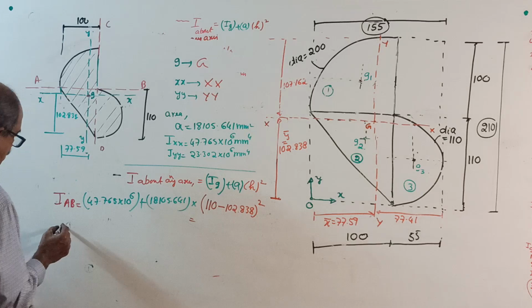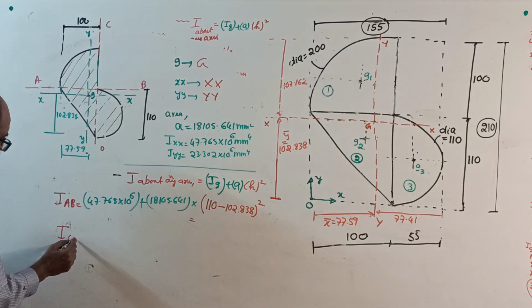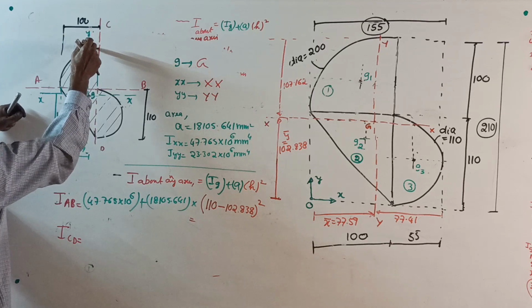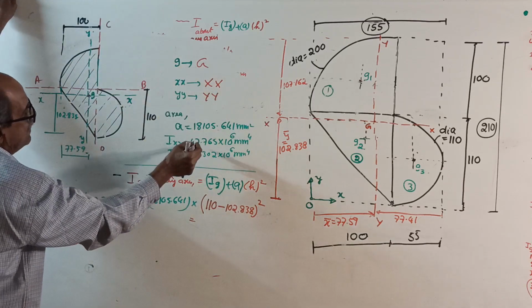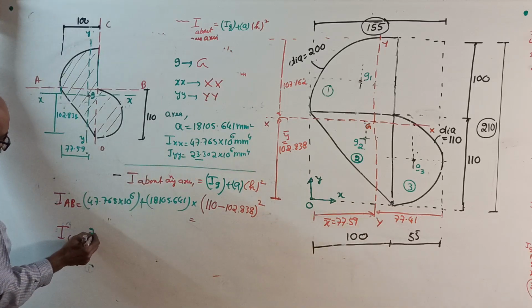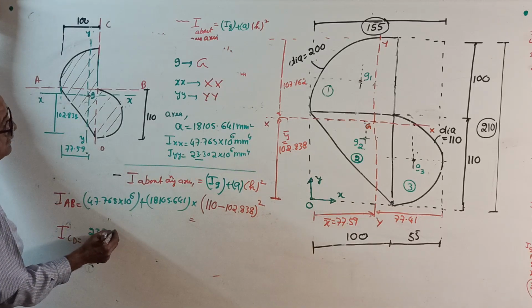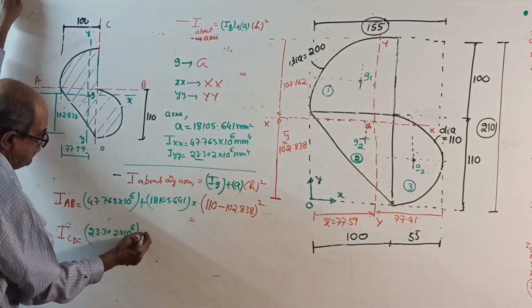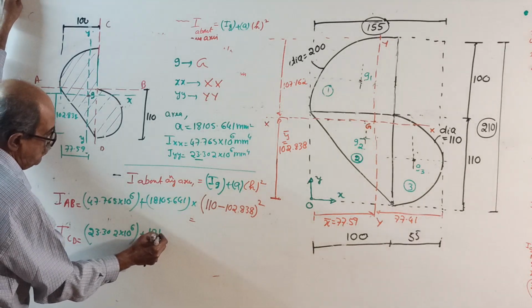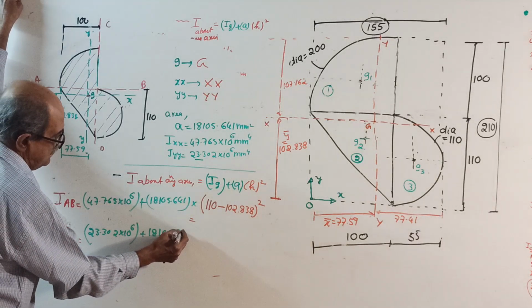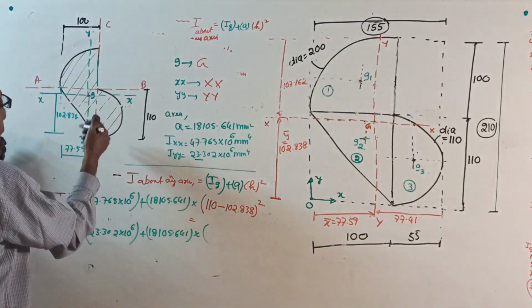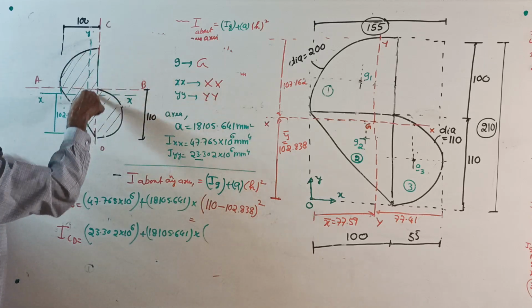Same way, your I about CD equals first IG, meaning I about this axis. That is nothing but here 23.302 10 to the power 6. See, this extra, remember, plus area 18105.641 is the area into the distance from centroid to this axis.